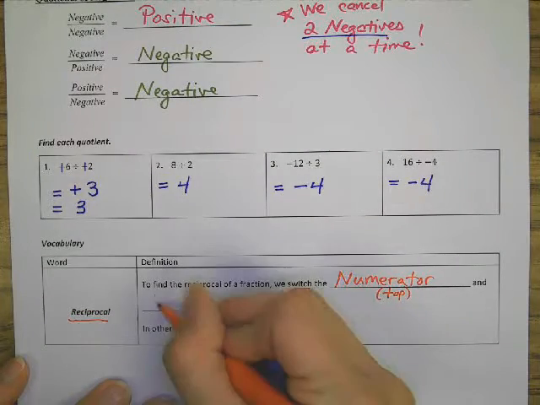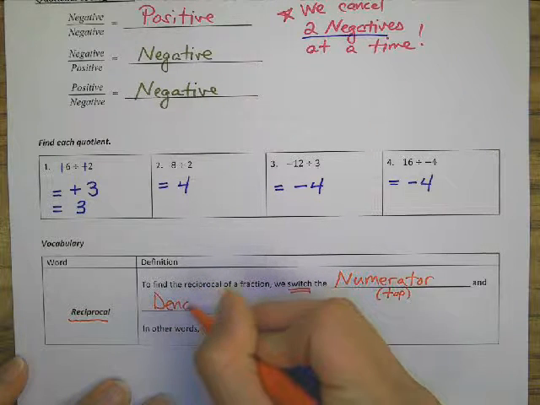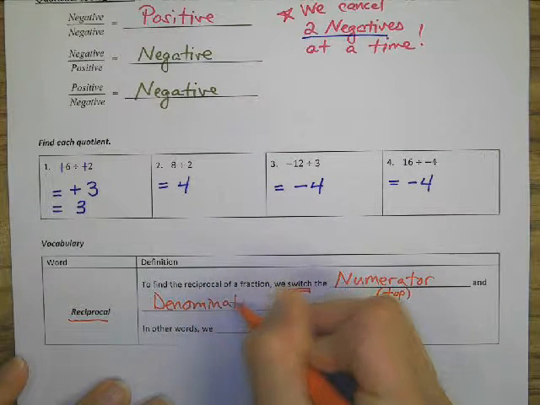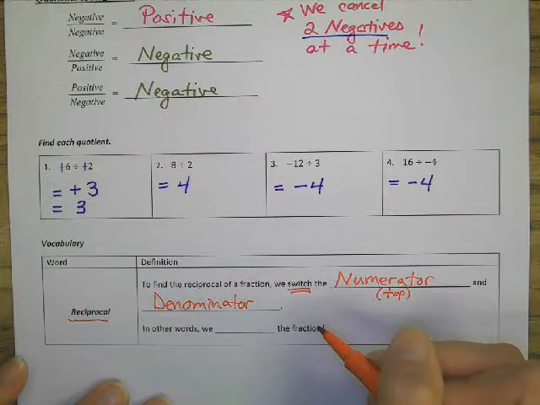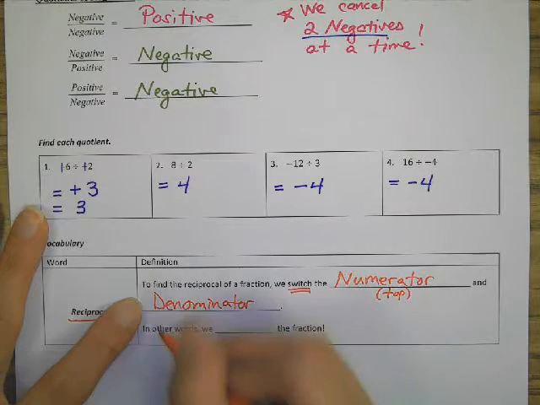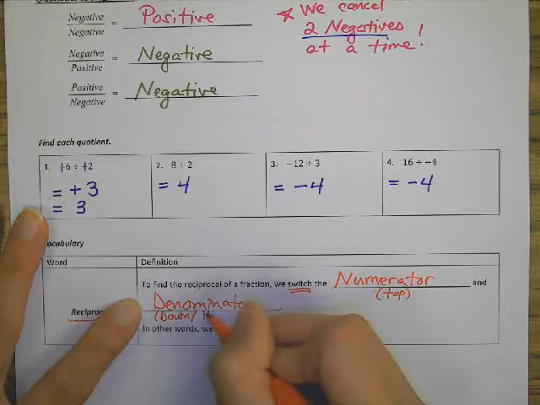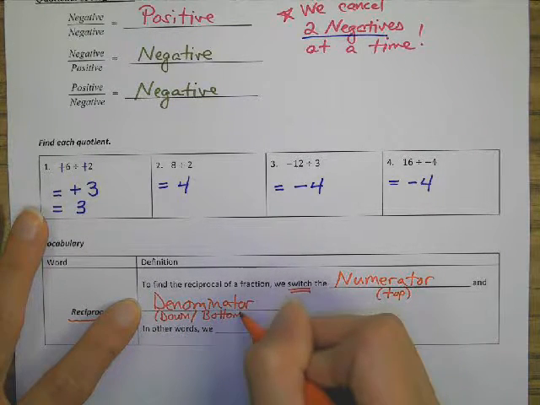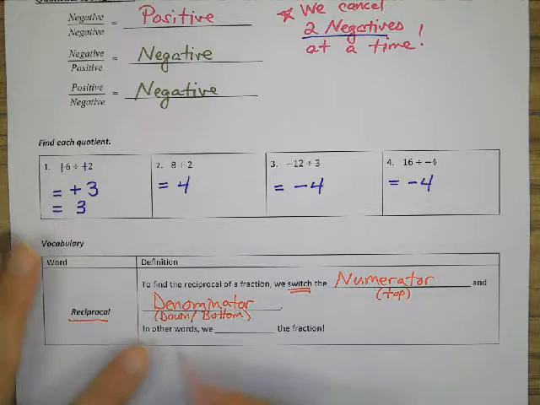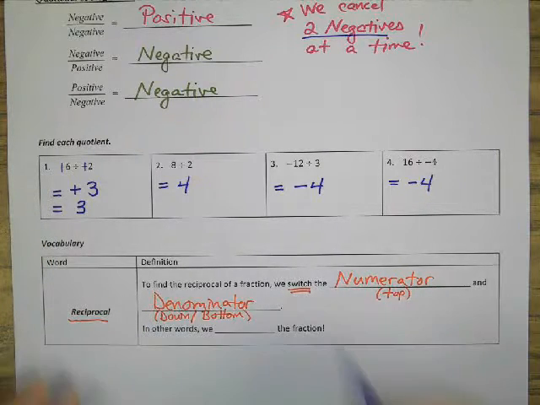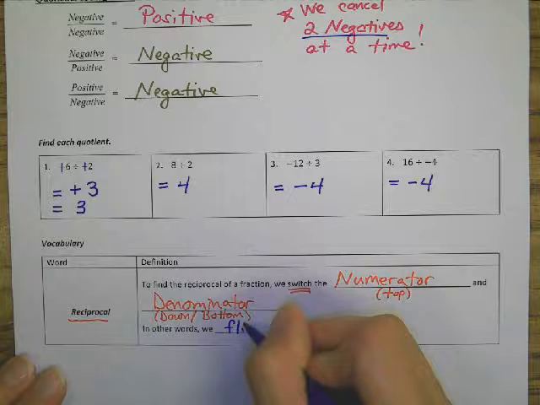We switch the numerator and the denominator. Sometimes people remember denominator is the one that's down, or the number on the bottom. In other words, we flip the fraction.